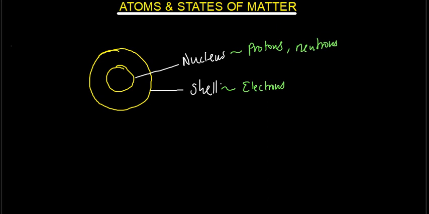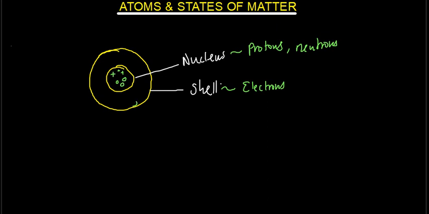Now, you need to know the properties of these parts of an atom. The protons inside the nucleus are positively charged. And then the neutrons don't have any charge, so we'll just use 0. They don't have any charge.